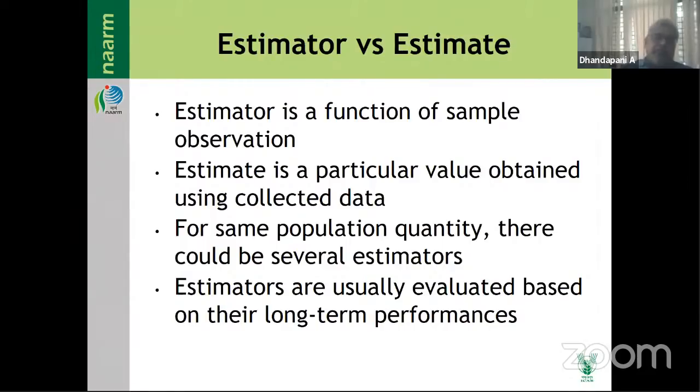Now, as I told you, there are various estimators possible for the same population parameter. So how do we choose? Usually they are evaluated theoretically on their long-term performance. Long-term means if you think of applying this estimator repeatedly to several samples, then which one do we prefer?